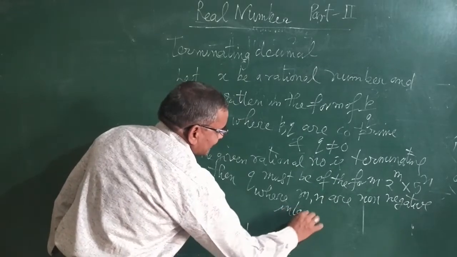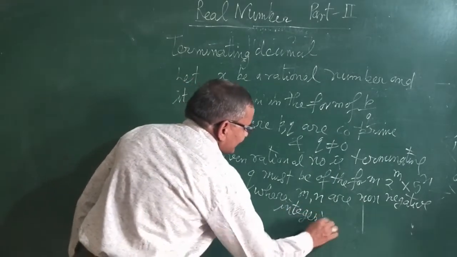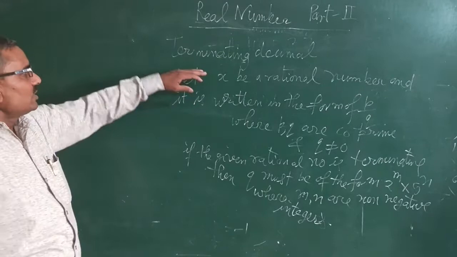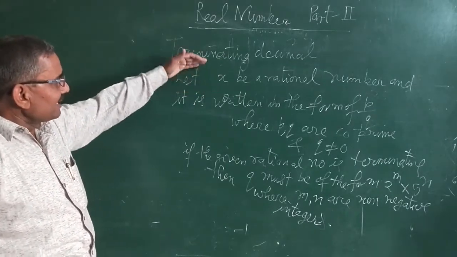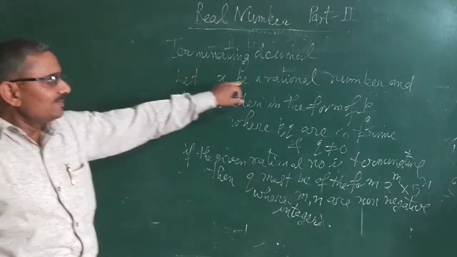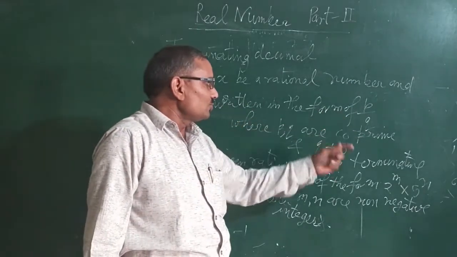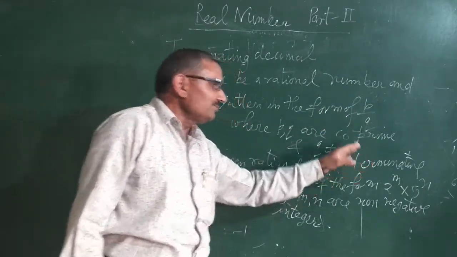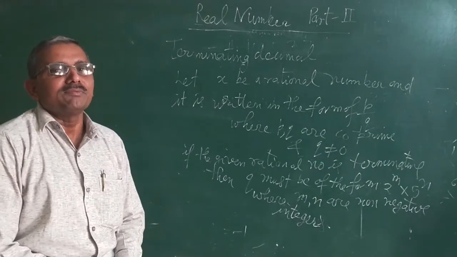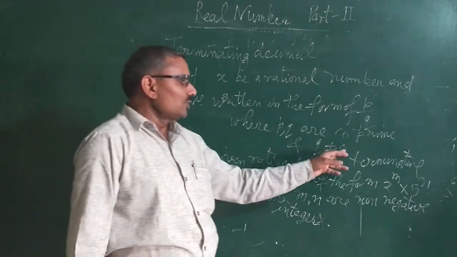Here our aim is to find the terminating decimal. Let x be a rational number that can be written in the form of p by q, where p, q are co-prime. Co-prime means that they have no common factor, and q is not equal to 0.